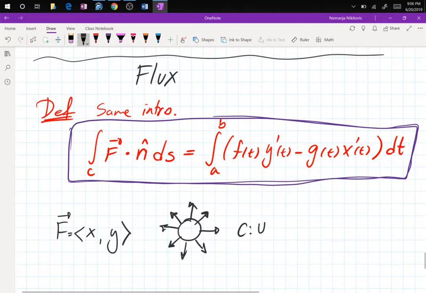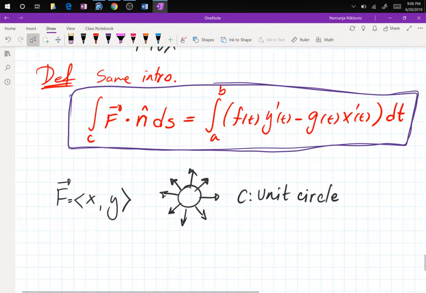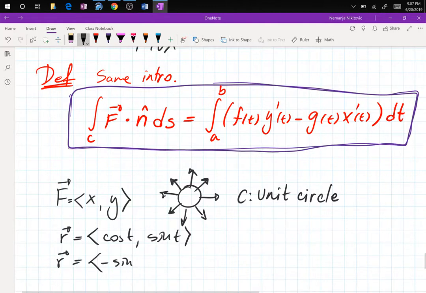Again, C is the unit circle, and we know everything about the unit circle. So immediately you find your R, radius is 1, so just cosine T, sine T, and you find the R prime, because you need X prime and Y prime, so that's negative sine T, cosine T.